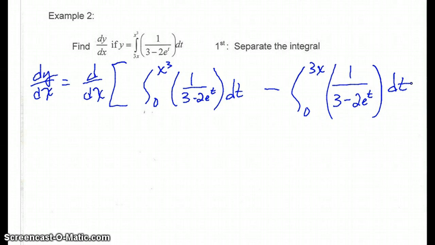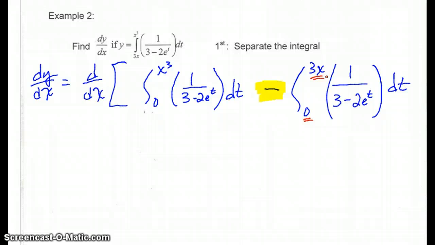Please remember, this is important right here. We have flipped this because instead of going from 3x to 0, we want to go from 0 to 3x, which means we need to take the negative of that.